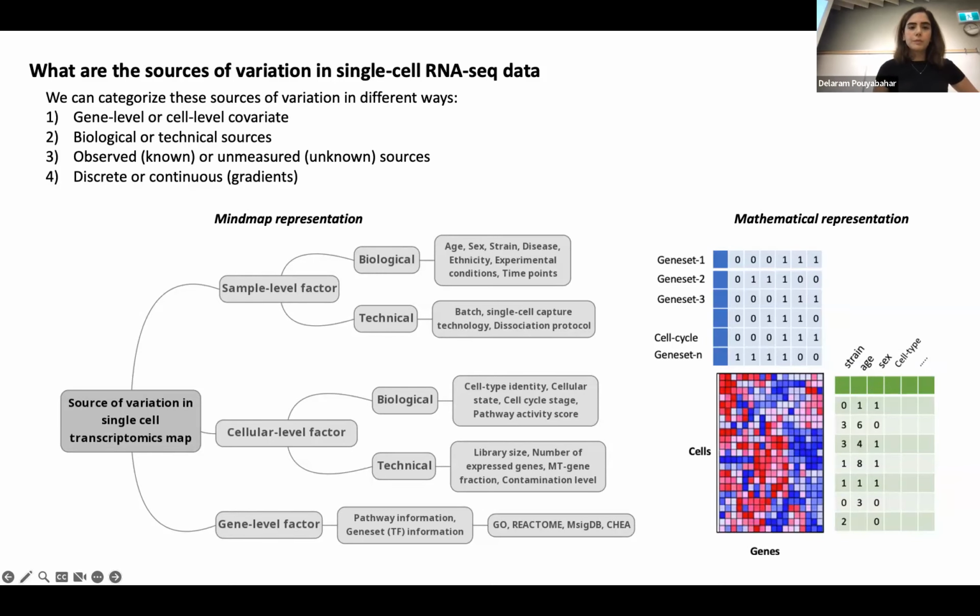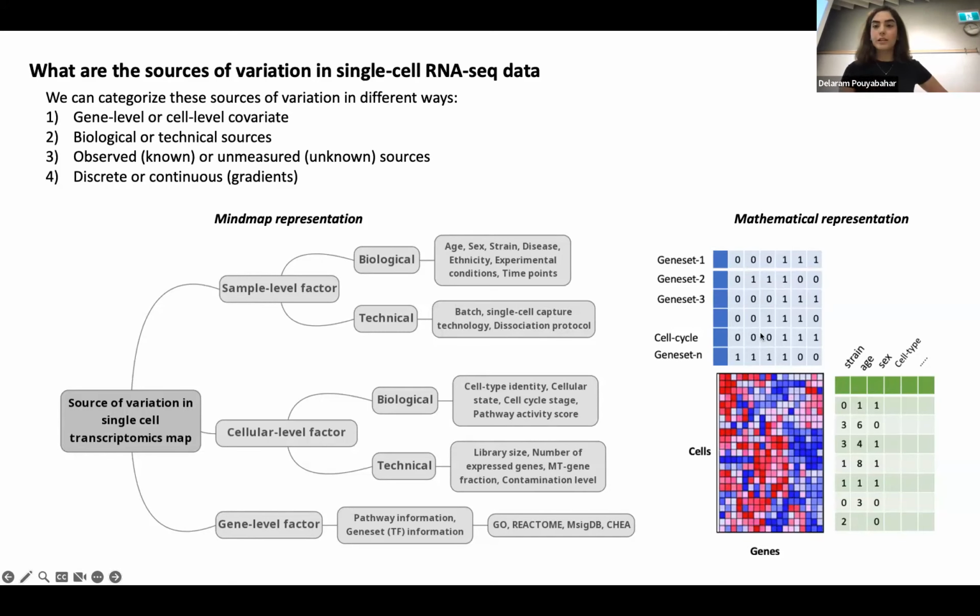For example, what I'm showing here in this matrix is that we have cells as rows and genes as columns, and any of the cellular level or sample level information can be encoded in a matrix like this as metadata. But if you're trying to incorporate gene level information in your analysis, it would look like something like this. So even the dimensions of these two matrices would be different.